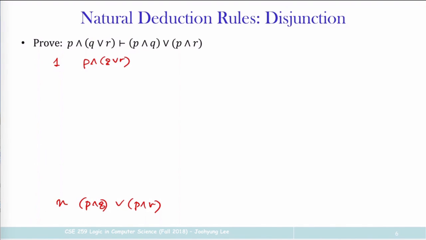Okay, I'm not going over why, but that's what you can figure out later. So what I'm going to do is I use or elimination rule. Okay. So since or elimination rule is a bit tricky, let me copy the rules here. So the rule is, in order to derive this, okay.